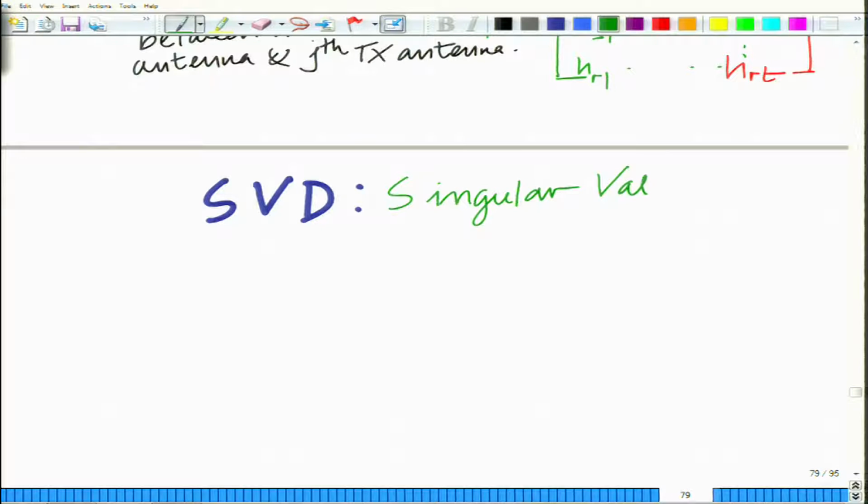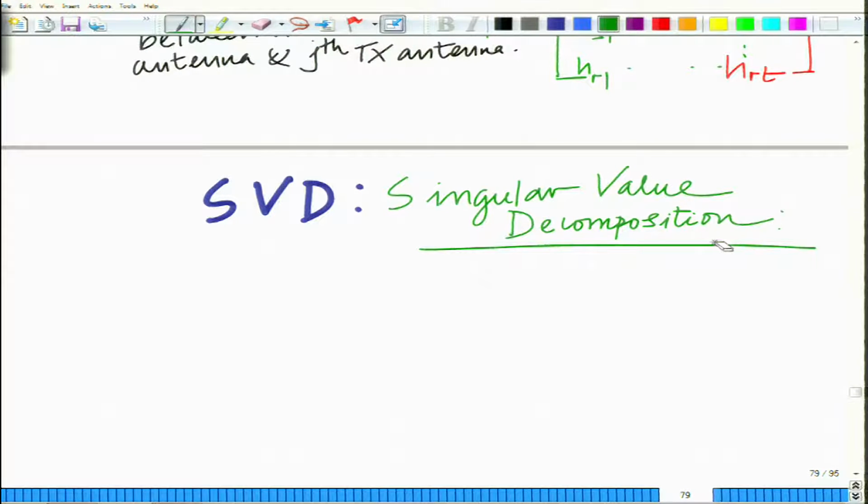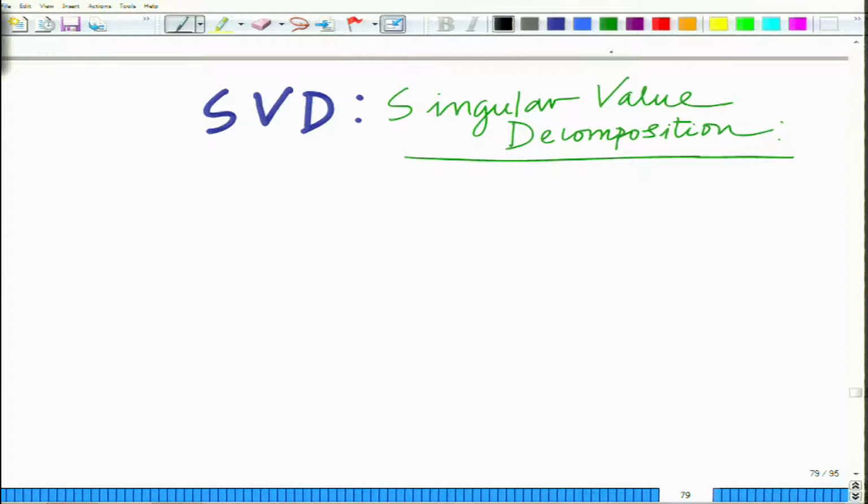The theory is general, and this is termed the singular value decomposition.